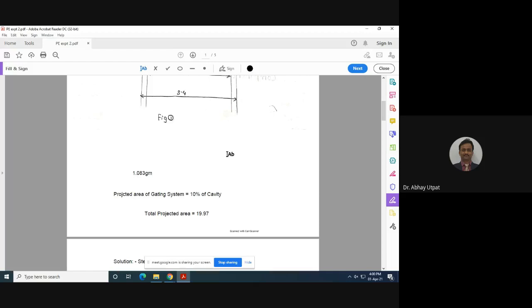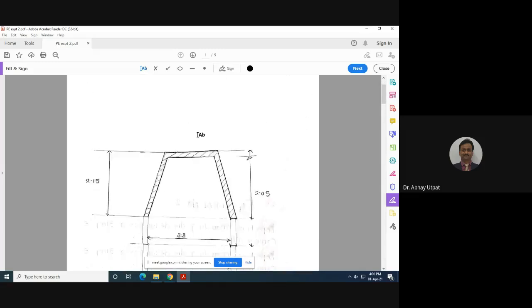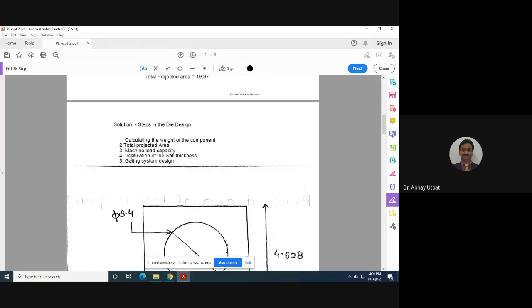That machine is nothing but the machine which injects the plastic material into the die. Each machine has some capacity. That's why, if you see our third point here, after total projected area, the third point is machine load capacity. So how to calculate the machine load capacity?